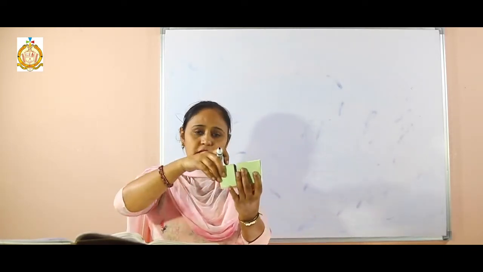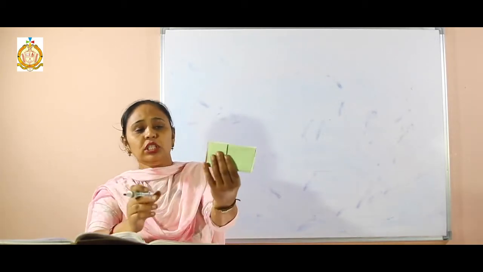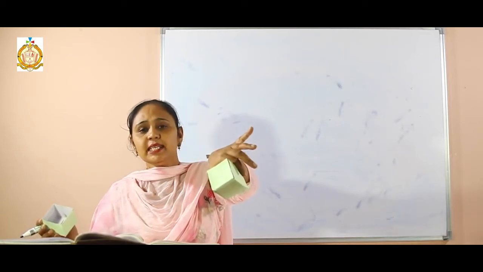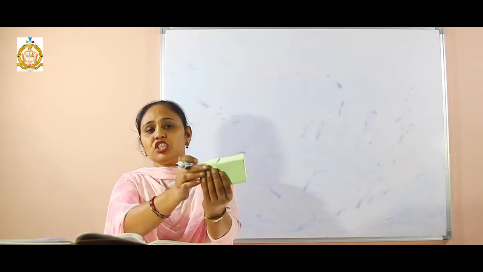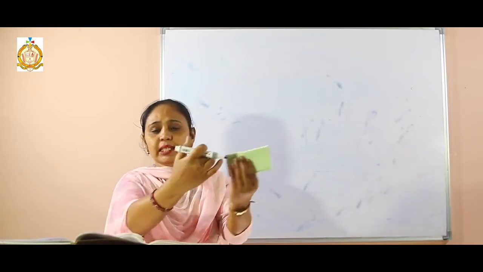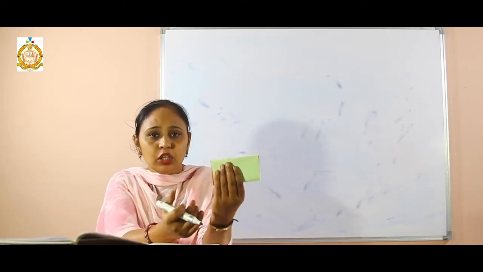If I join it, the shape changes. First it was a cube, all sides the same. But if I join the other one, now length is different, breadth and height are the same. If one quantity is different, then the shape is a cuboid.